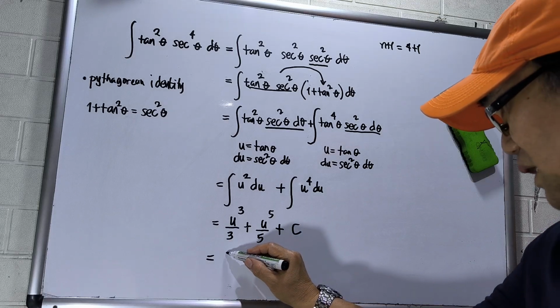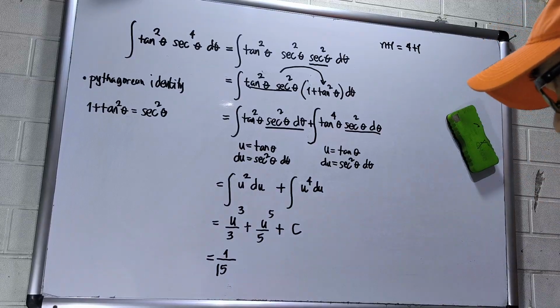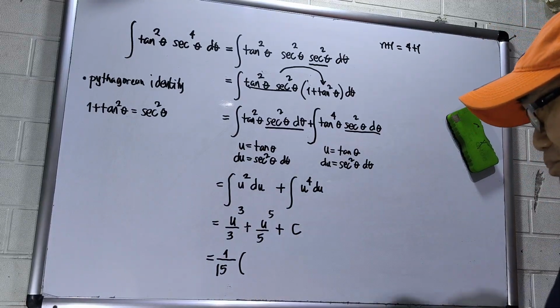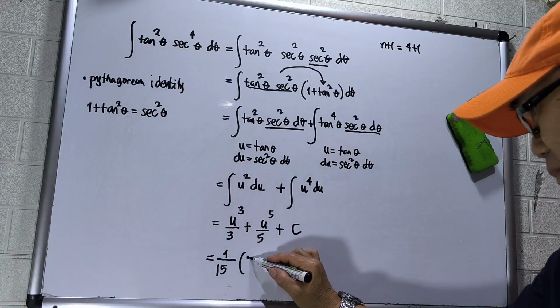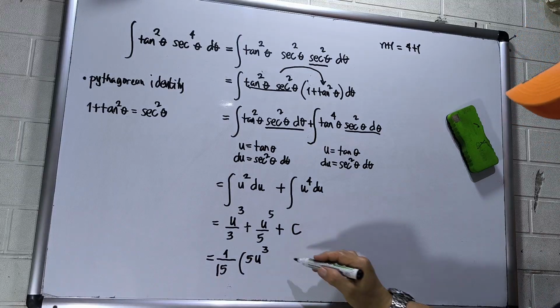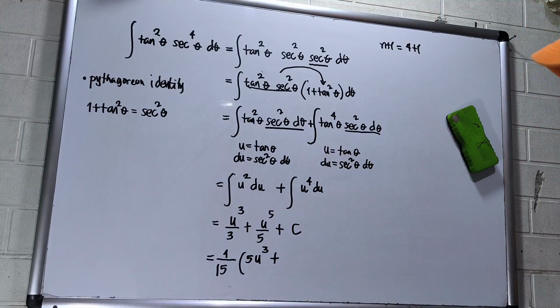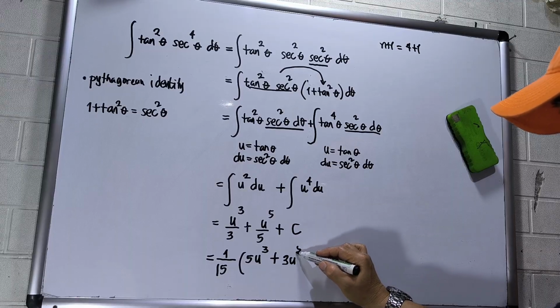So I can do this one as LCD is 1 over 15. Then circle brackets, so this will be 5u cubed. Then this will be plus, since this is 15, 3u to the fifth.